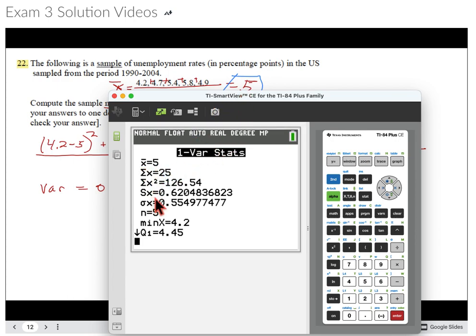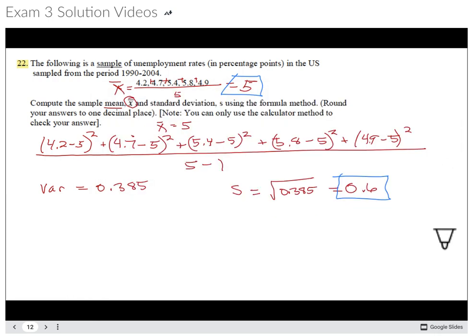And then this S sub X, that's our standard deviation, which is 0.6 rounded to 1 decimal place. This down here is the population standard deviation. It's a little bit smaller because it was divided by 5 if that was the population. So we have a check here, and then we can come back here and we'll check our answers.